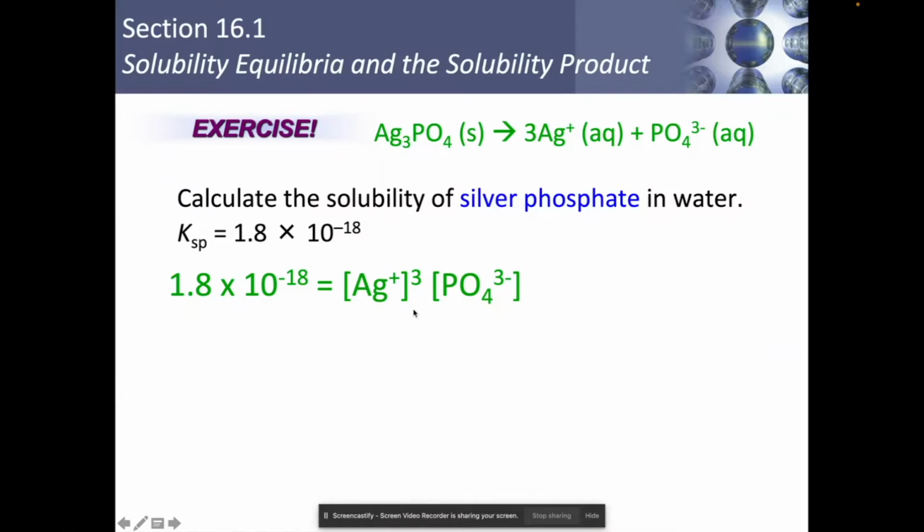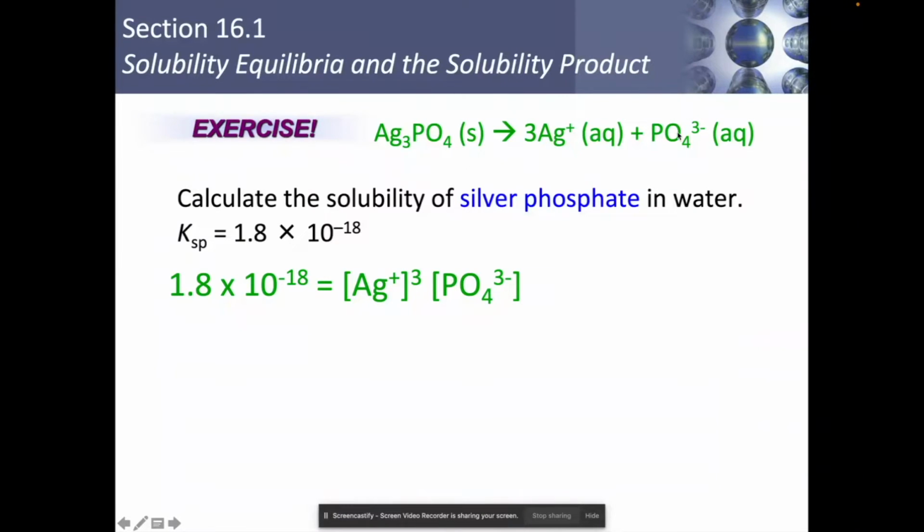and it's equal to the product of both of these together. Now, a lot of times people say, okay, great, so it's x cubed times x, that's x to the 4th. A lot of times people get confused by this and they think that it's double dipping. It is not. Keep in mind that I'm always going to have 3 times the amount of Ag as I do PO4.